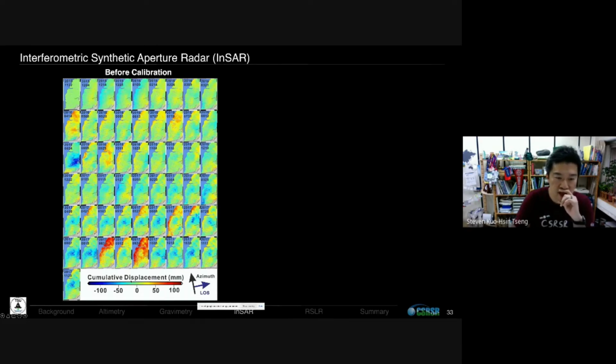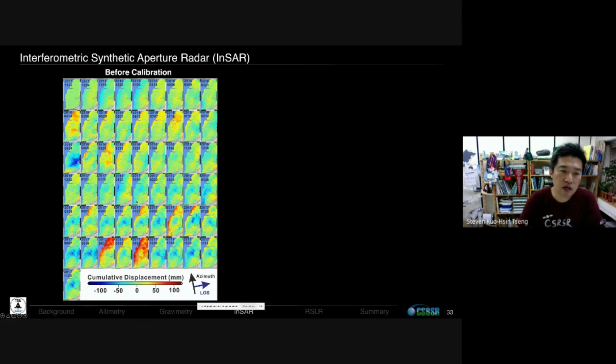You can see this color bar here. The warm color means uplift. The blue color means going down, sinking. So you can see some areas with clear sinking, but you can also notice some errors or some noise.